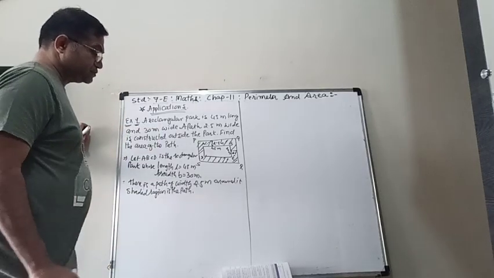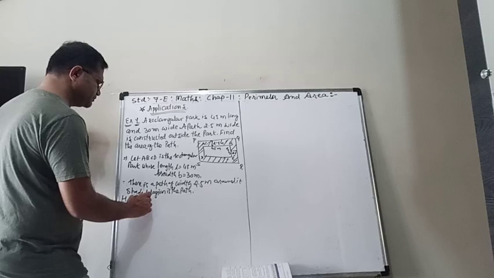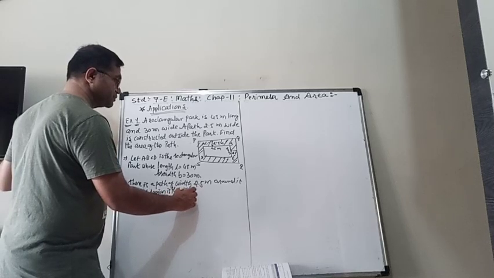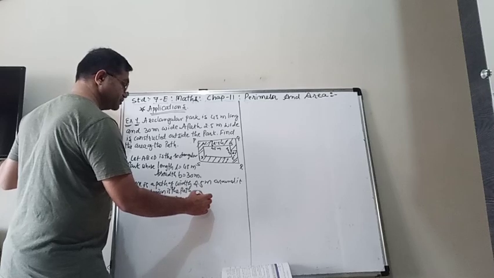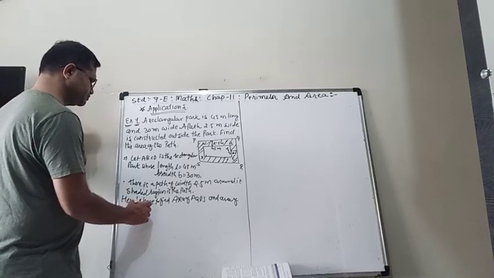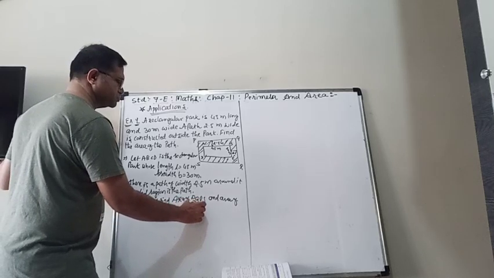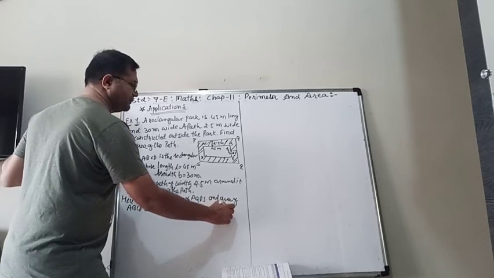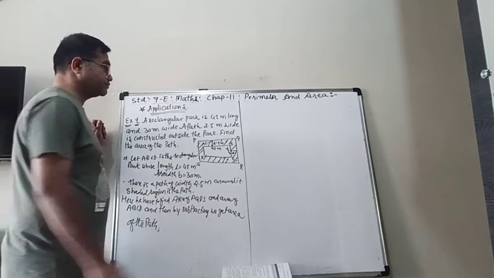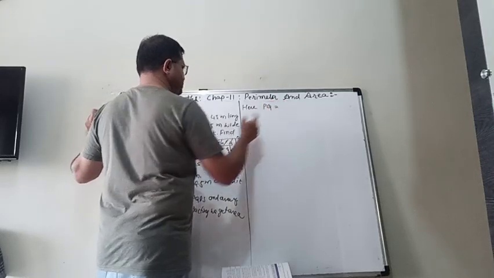Now we can see that we have to find the area of PQRS and the area of ABCD, and then by subtracting we get the area of the path. So what will be the length of PQ?